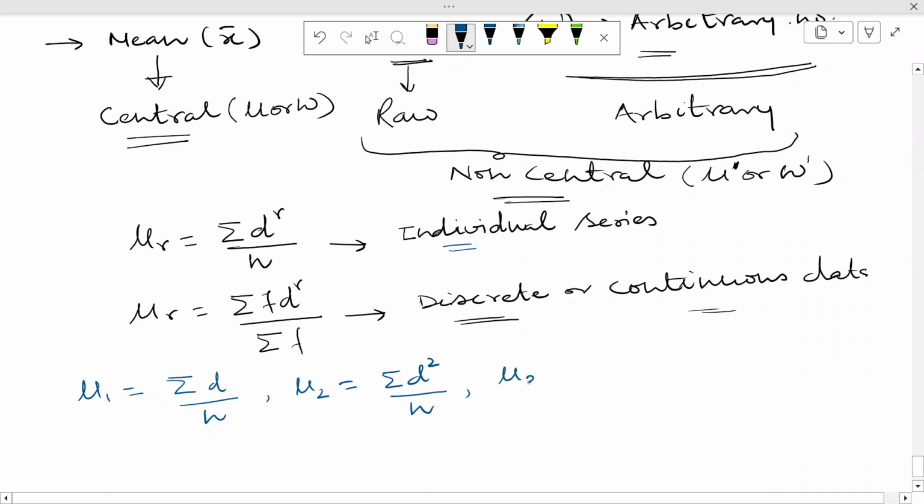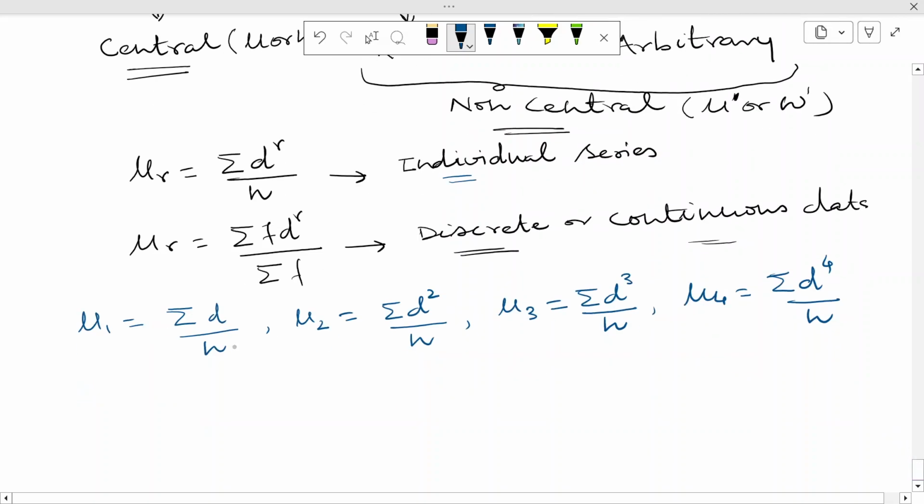And this mu3 is summation d cube over n, and this mu4 is summation d to the power 4 over n. So this is how we can have the formula for the individual series, meaning when you don't have any frequency in the given data.